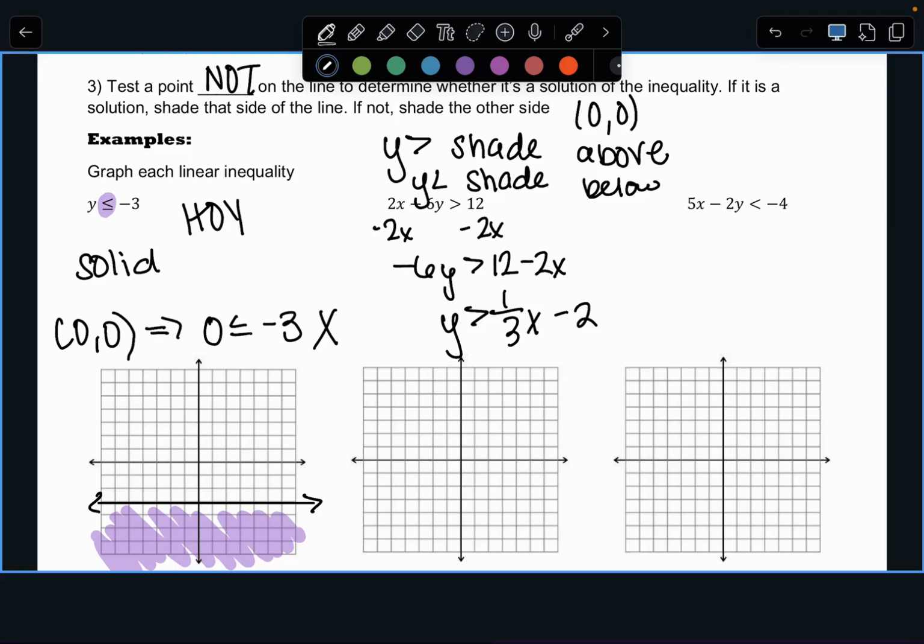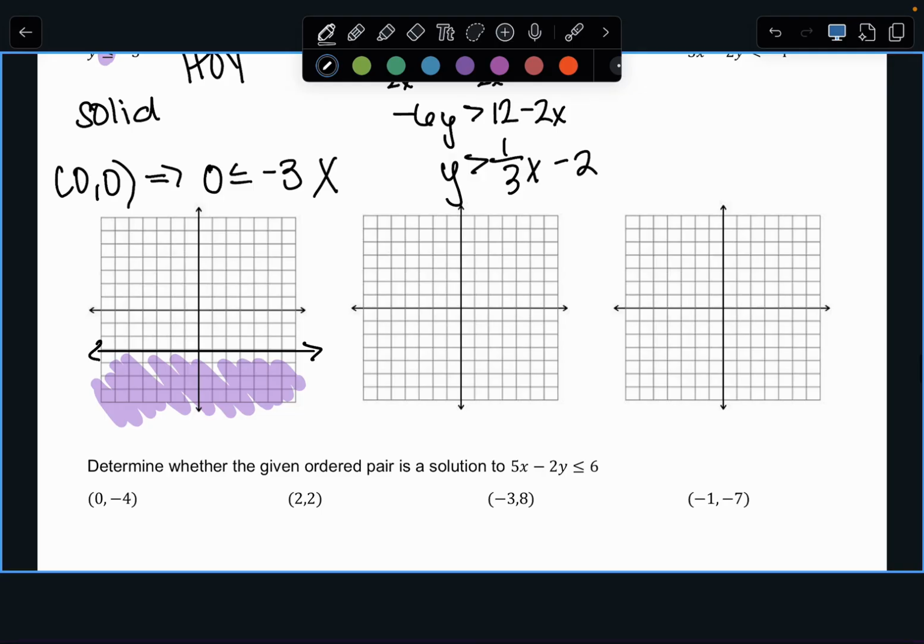Yeah, -2. So this is the equation we should have gotten. Then we graph it. What point do I know for sure is on this line? 0, -2. Boom. But Braden, what's my slope? 1/3. So I go up 1 over 3. Dashed or solid line? Dashed.